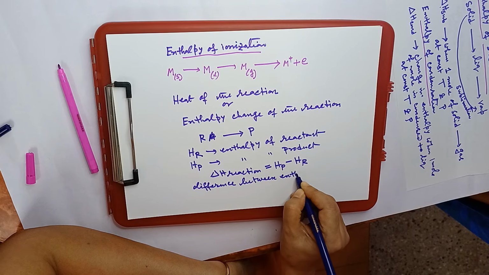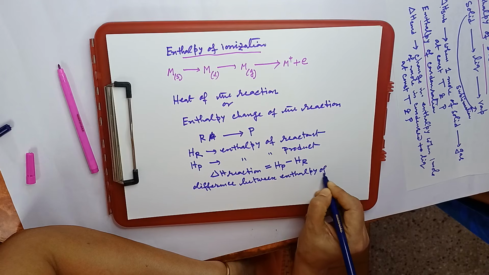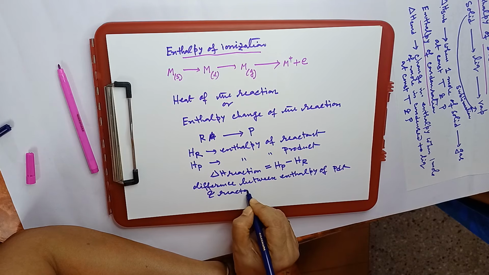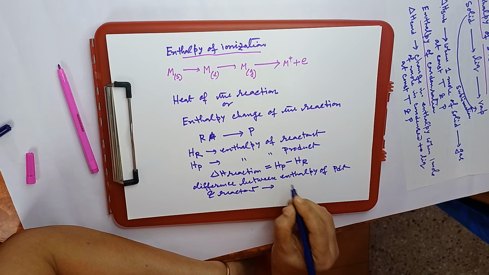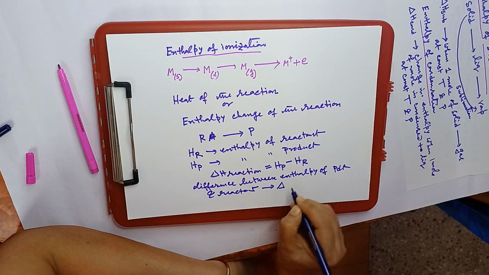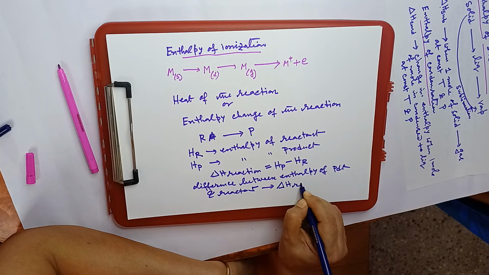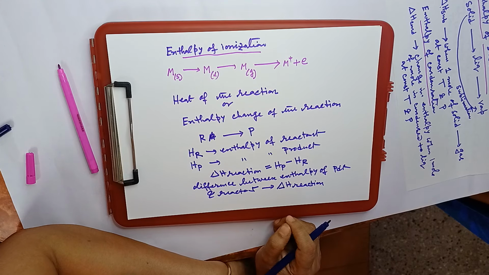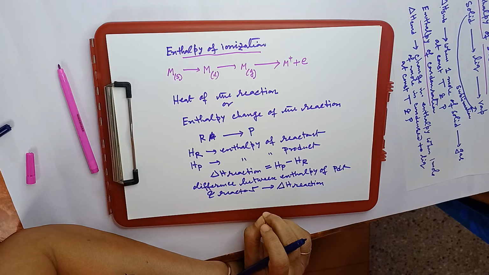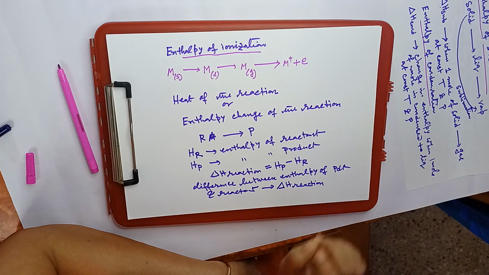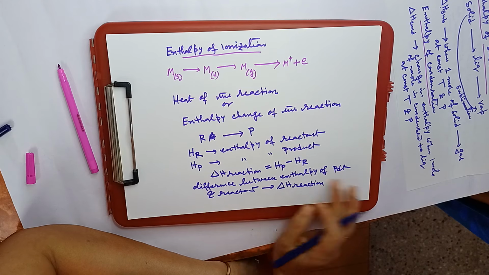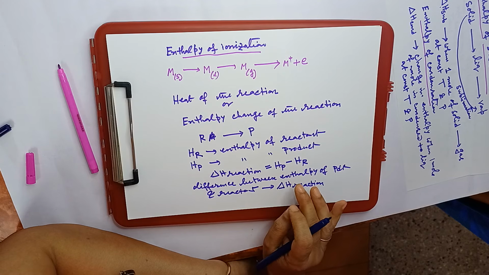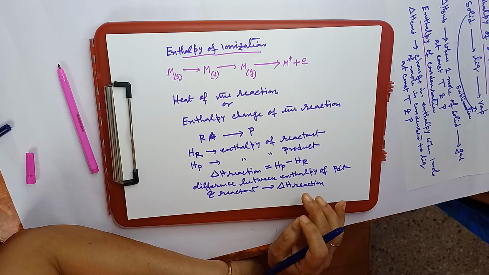That is the heat of the reaction or enthalpy change of the reaction. Okay, so this is all about the enthalpy of the processes. That means enthalpy change during any process which occurs at constant temperature and pressure. I am telling about the physical state change, and that is known as the enthalpy of the process. Hope you have understood. Thank you.